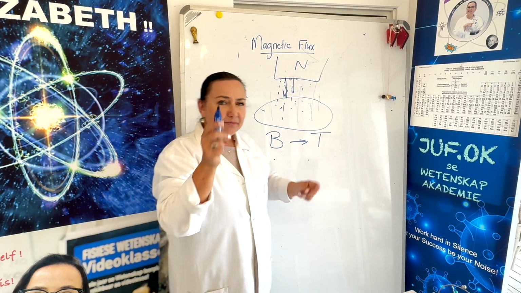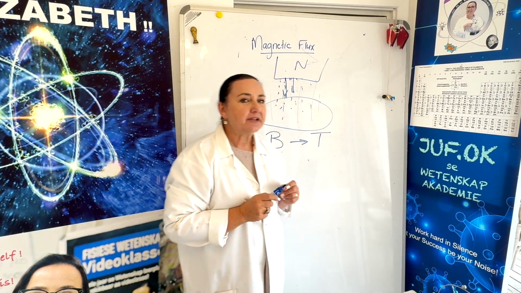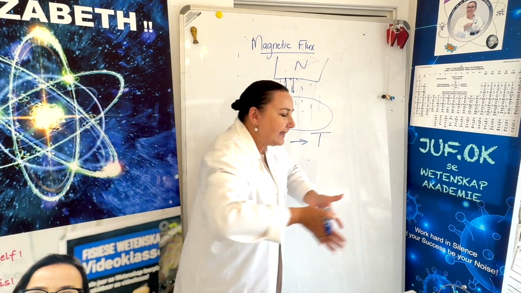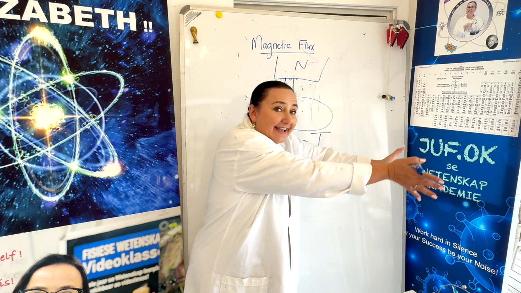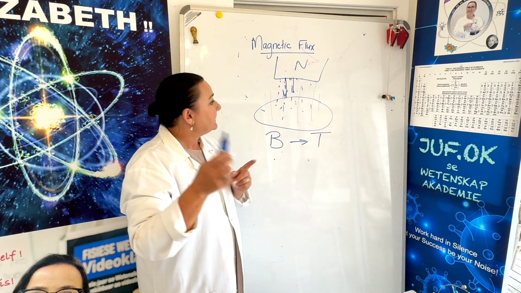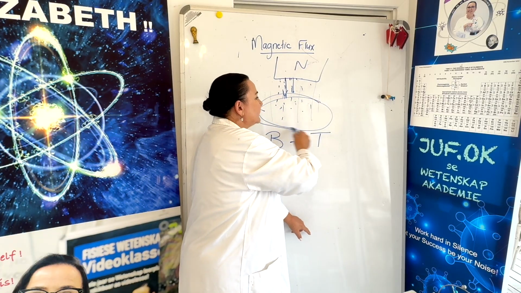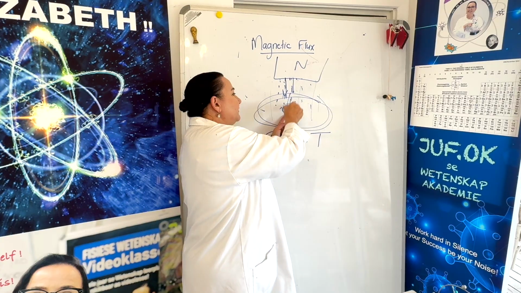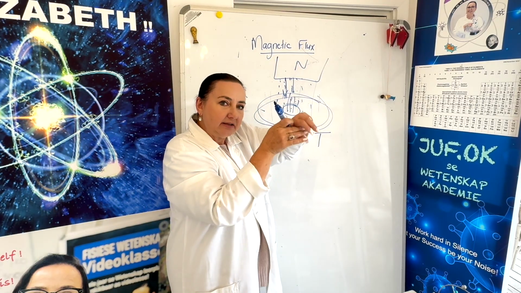But something else is also going to determine this flux, this area of magnetism that moves into my solenoid. What else is going to determine that? Yes, of course, this area. If I have a small opening, only a few lines are going to be able to enter through.